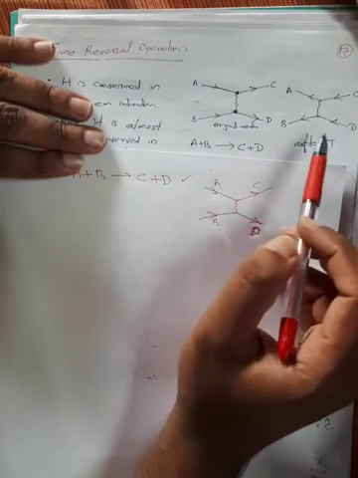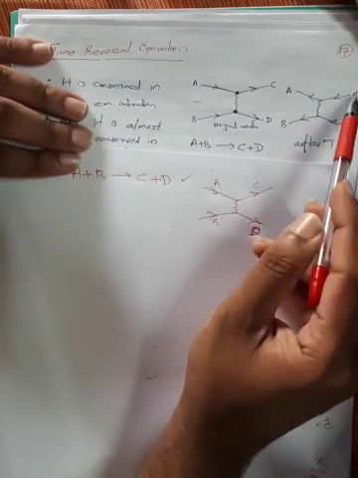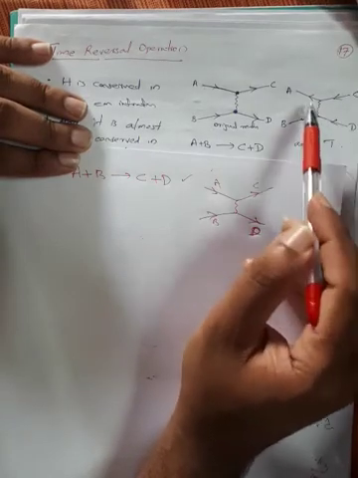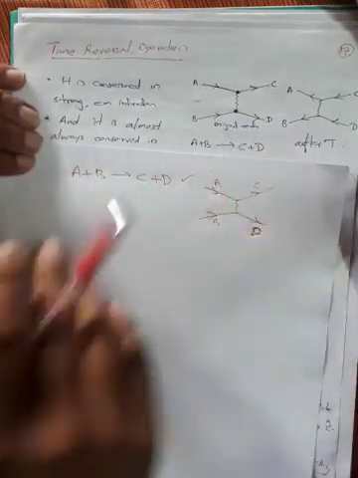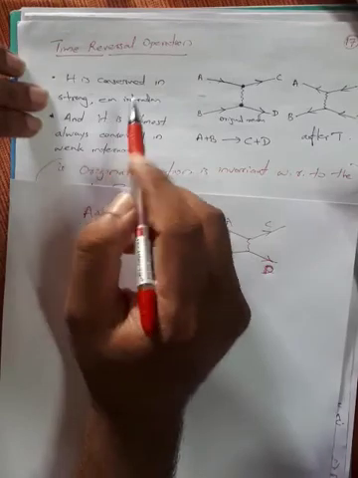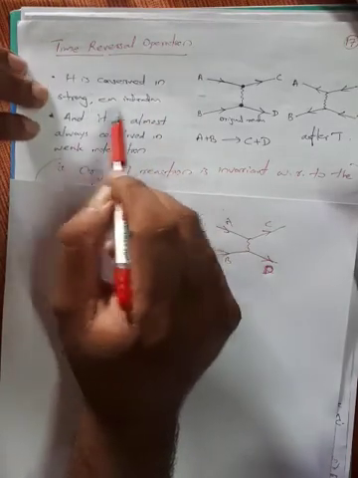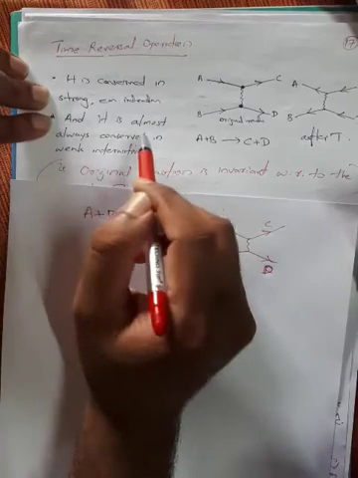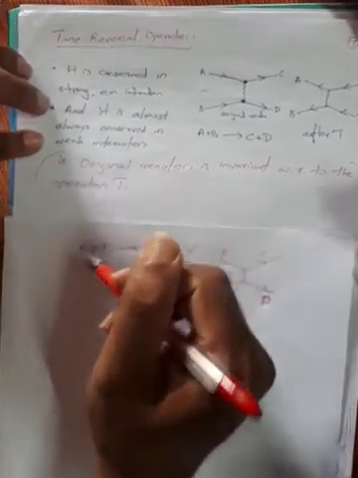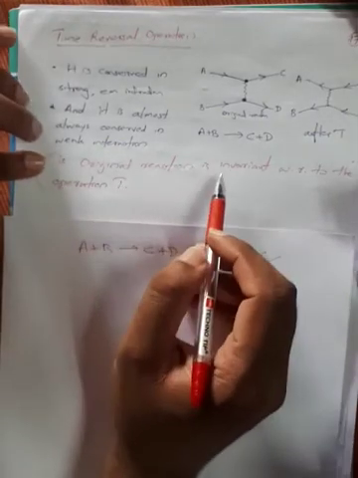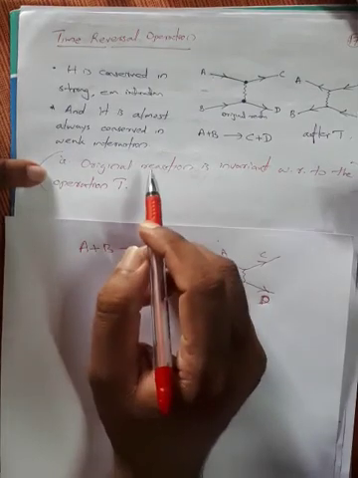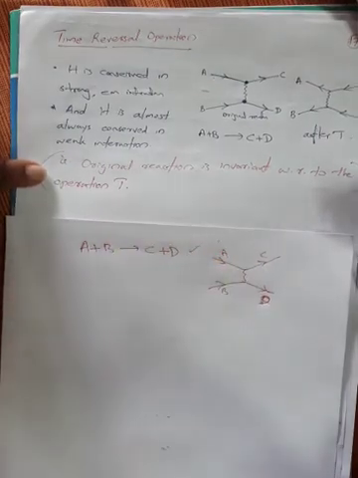Once you do that, all the reactions will take place in the reverse order, that is C interacting with D, and you will get A and B. This process is conserved in strong and electromagnetic interaction, and it is almost always conserved in weak interaction. Or you can say the original reaction is invariant with respect to the time reversal operation.